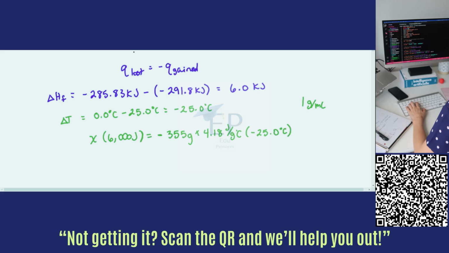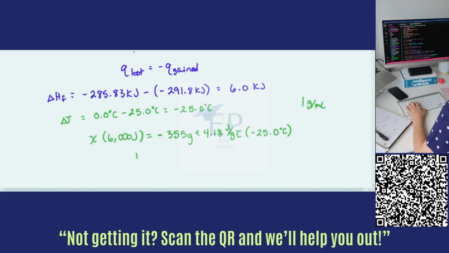All right, in this case, when we do this math, we just need 355 times 418 times 25. The negative signs are going to cancel each other out. And we're calculating moles.